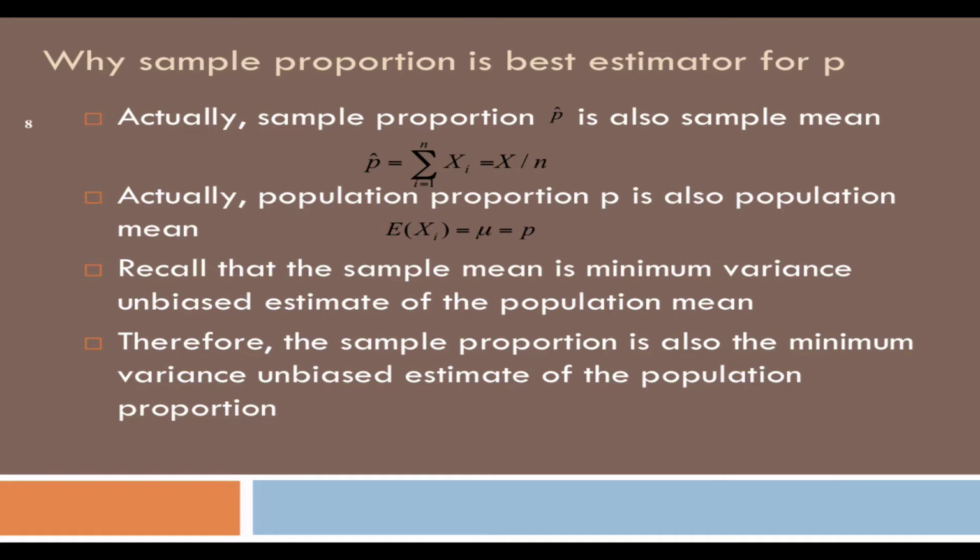So that answers the previous question: the sample proportion is also the best estimator of the population proportion because the sample proportion is essentially a mean estimate. Okay. So the sample proportion is a minimum variance unbiased estimate of the population proportion. That is the conclusion right here.